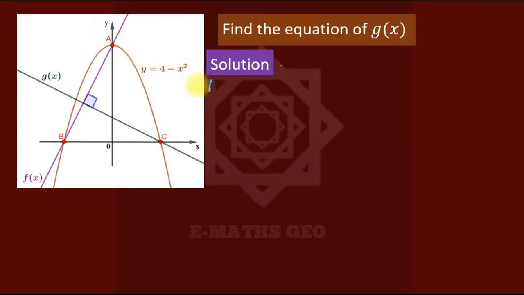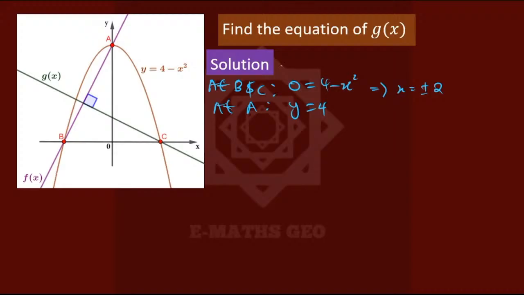So at B and C, y is 0, so we have 0 equals 4 minus x squared. If we solve for x, we get plus or minus 2. So we've gotten these points, and at point A, x is 0, so y is equal to 4. So we've known the points.